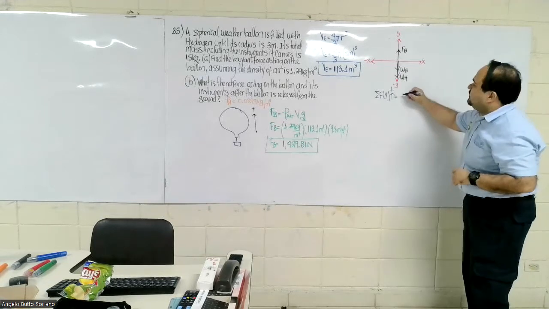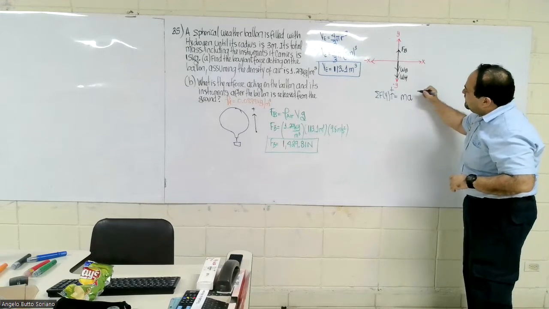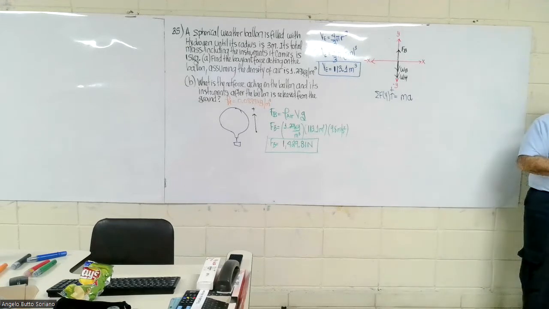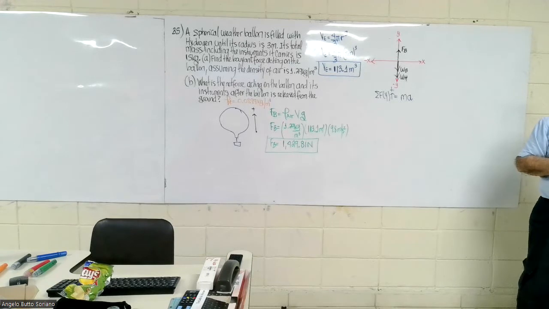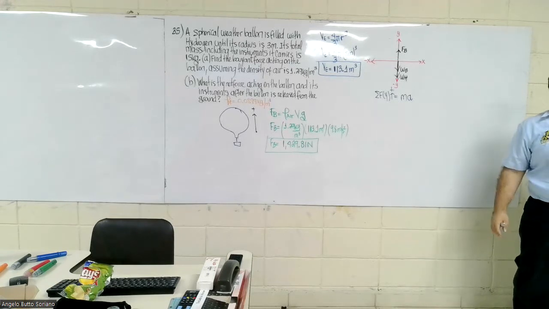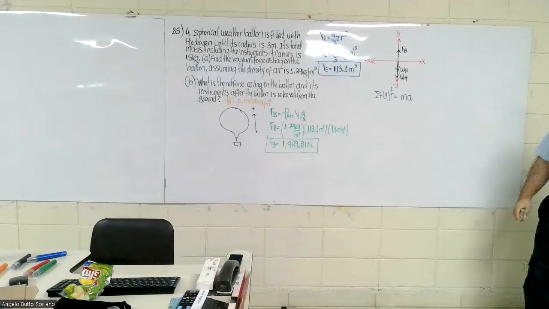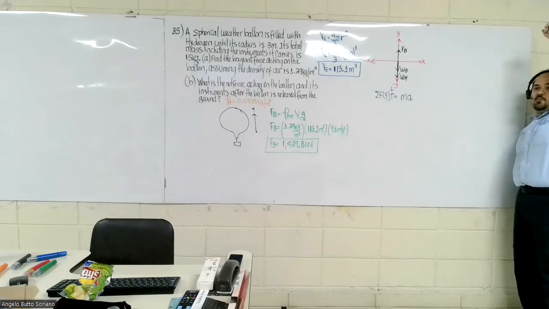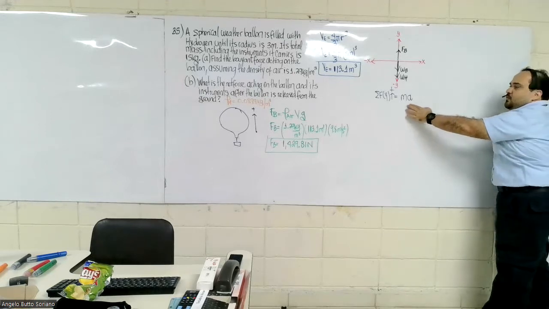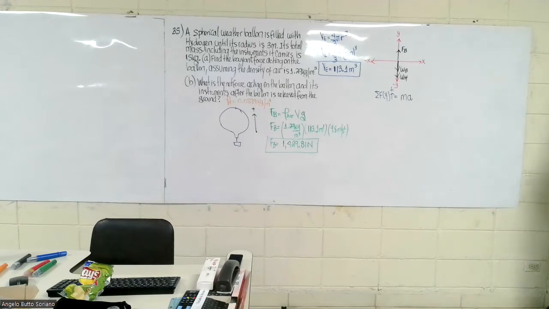I'm going to set it equal to mass times acceleration. The difference from the last problem we solved yesterday, the table tennis ball. Do you remember that one? That was static because we were holding it up. In this case, the balloon is moving upward. That's why we set this equation equal to mass times acceleration. Understood? Okay, then.